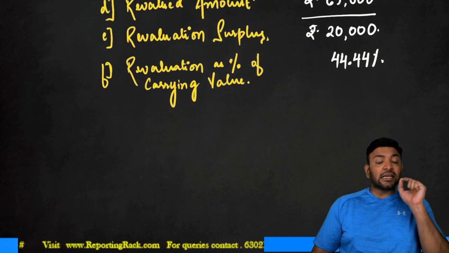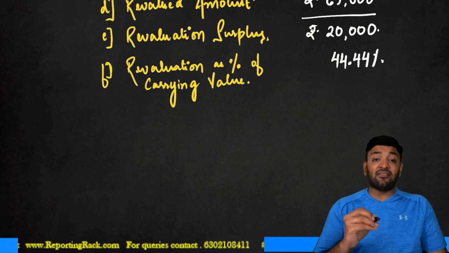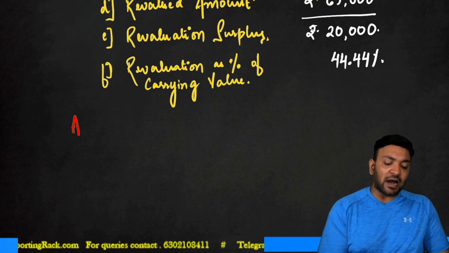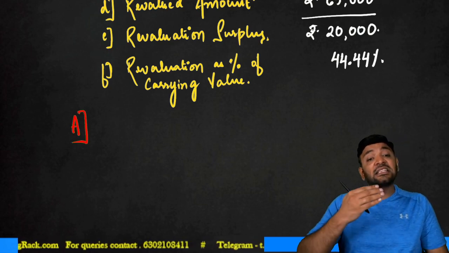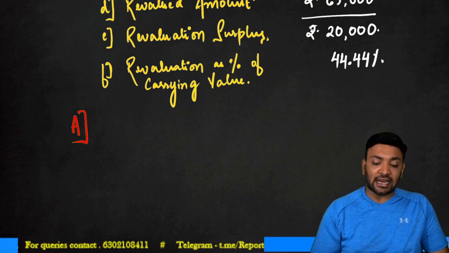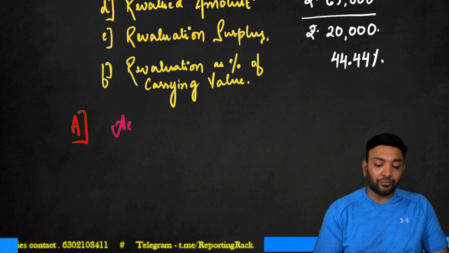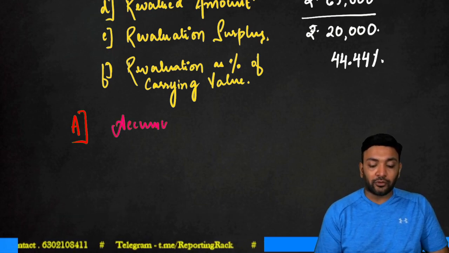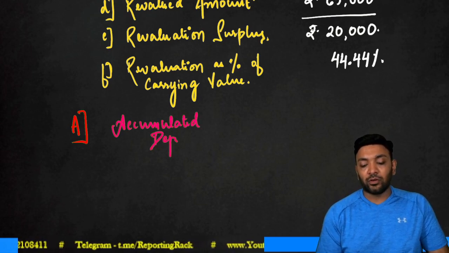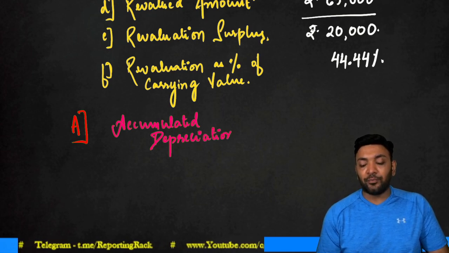Now, this entry can be written in two ways. The same revaluation entry can be written in two ways. The first way of passing the entry is to cancel the amount of accumulated depreciation. Accumulated depreciation account debit.